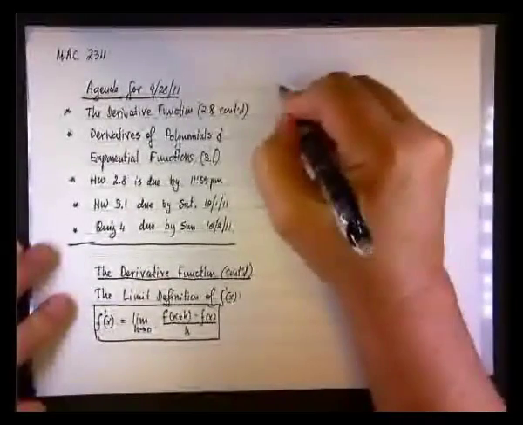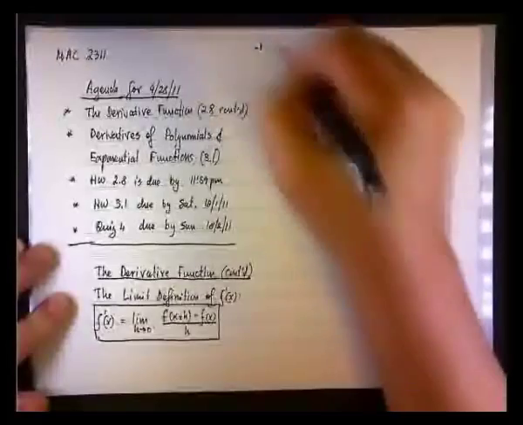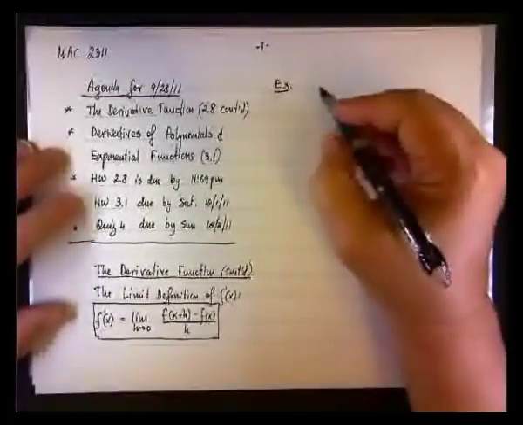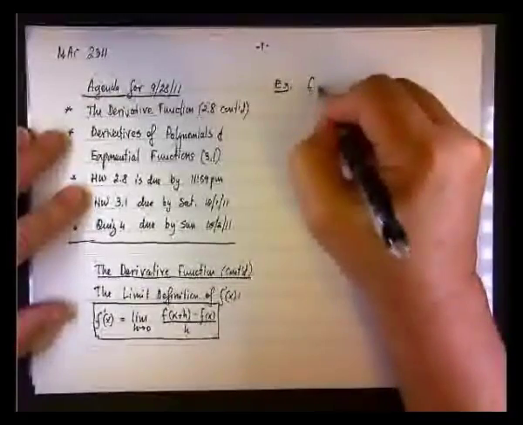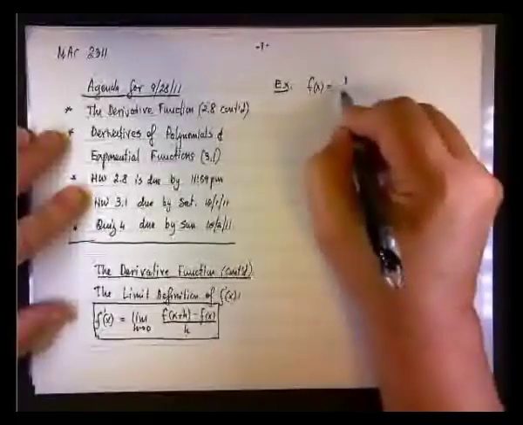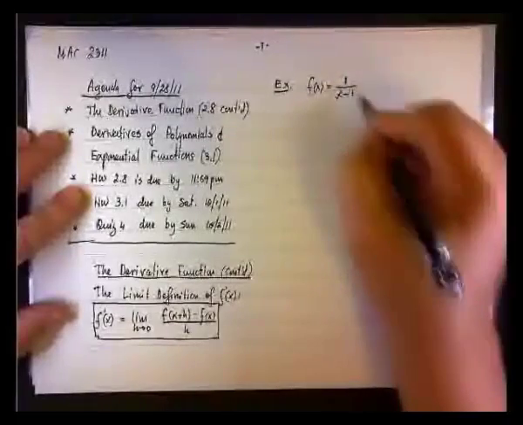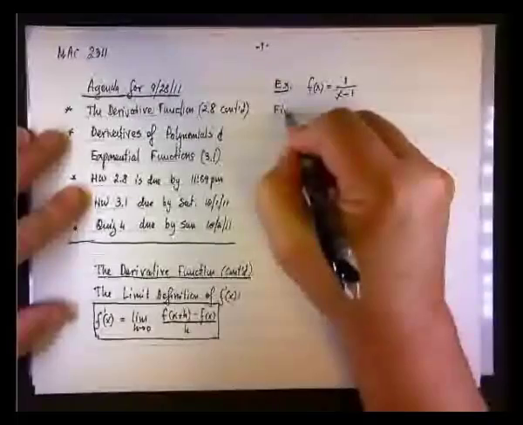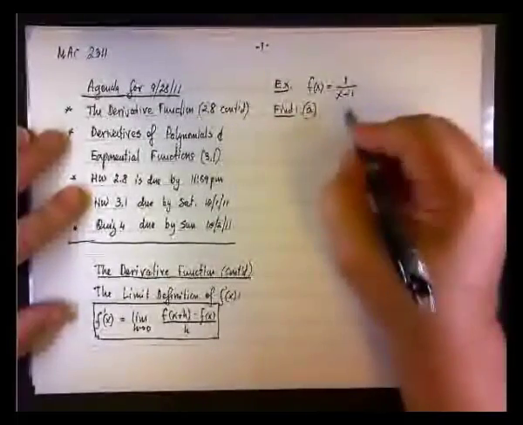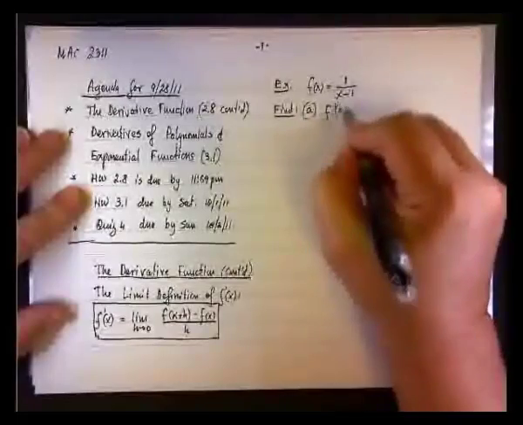So the first example is the following. We need to evaluate the function. Let's say this is f of x. Let's do two things here. f of x is 1 over x minus 1. And we need to find a couple of things. The first one, what is f prime of x?